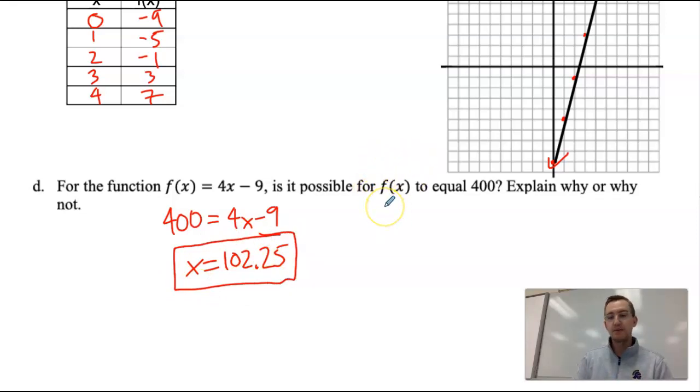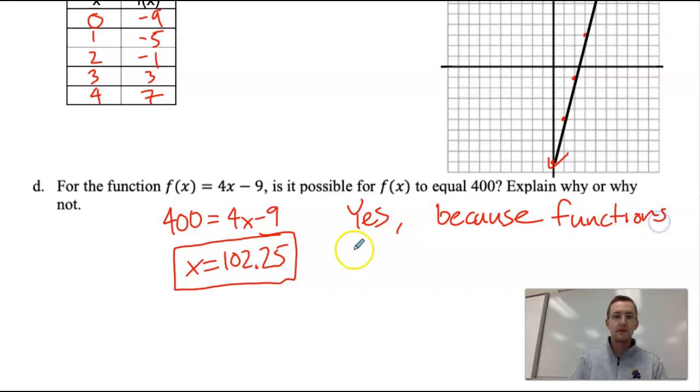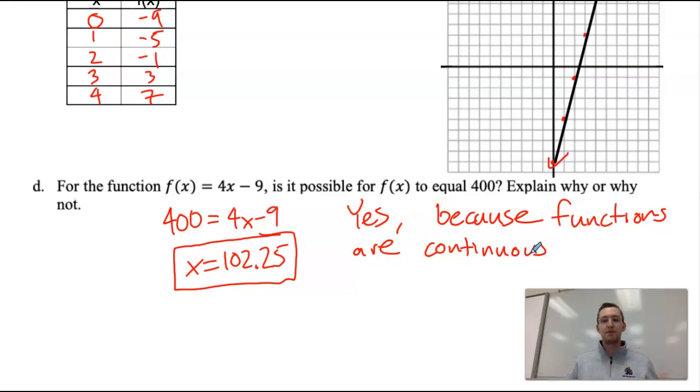And if we think back to a couple weeks ago when we first talked about this topic, yes, this is absolutely possible because functions are continuous. That means we can plug in any number we want for x, provided that it doesn't make our function undefined.